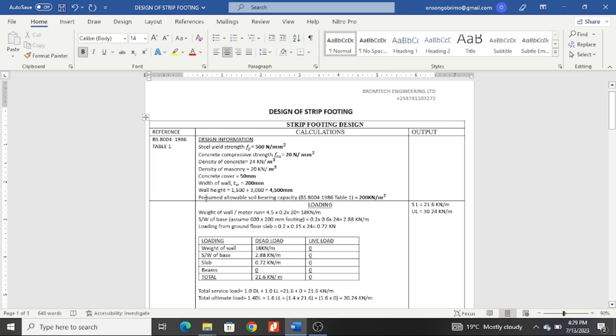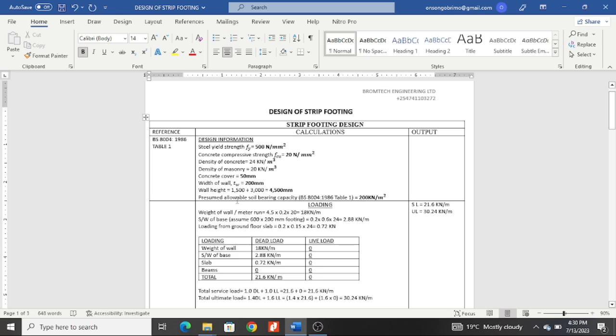In determination of the wall height, I have considered the substructure, which is 1.5 meters high, and then I have 3 meters on the superstructure, and that gives me 4.5 meters or 4500 millimeters as the wall height from the strip to my ring beam. So there are very many considerations you could make. Sometimes, as we will see in loading, we want to do load bearing walls, therefore our strips are the ones that are going to bear our loads.